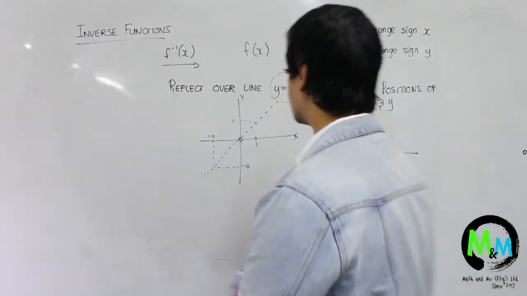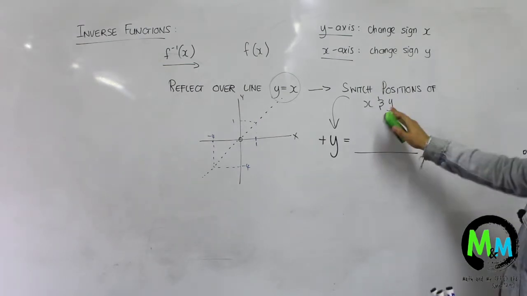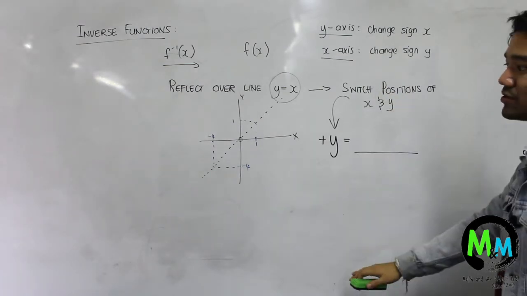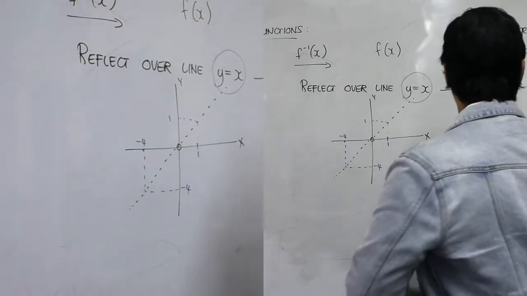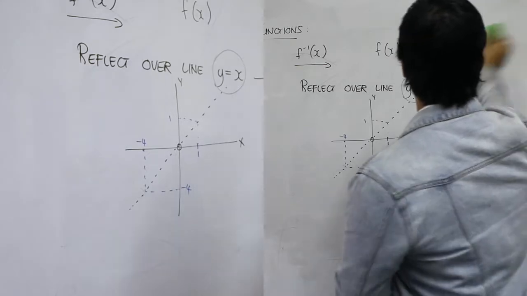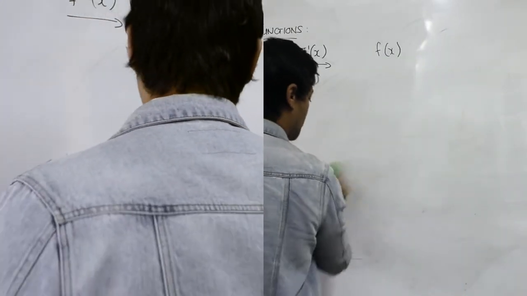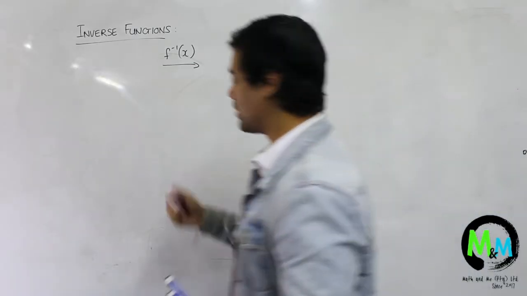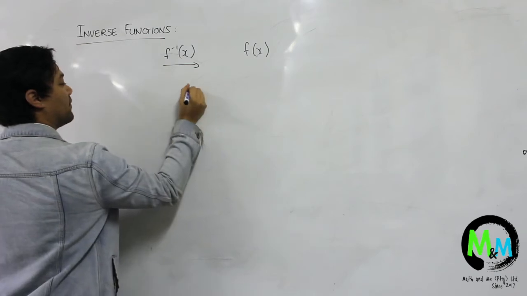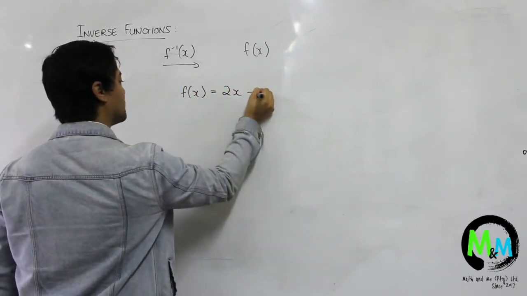I'll do an example with a straight line function to explain. Let's say we are given f of x is equal to 2x minus 1.